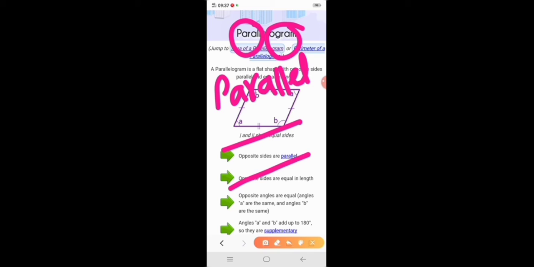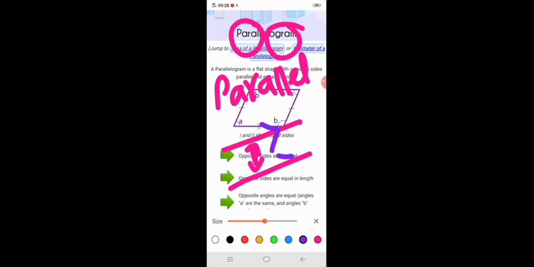Parallel means two lines are opposite to one another. First thing, they have the same distance between themselves and they are traveling in the same direction. Such lines are said to be parallel lines.